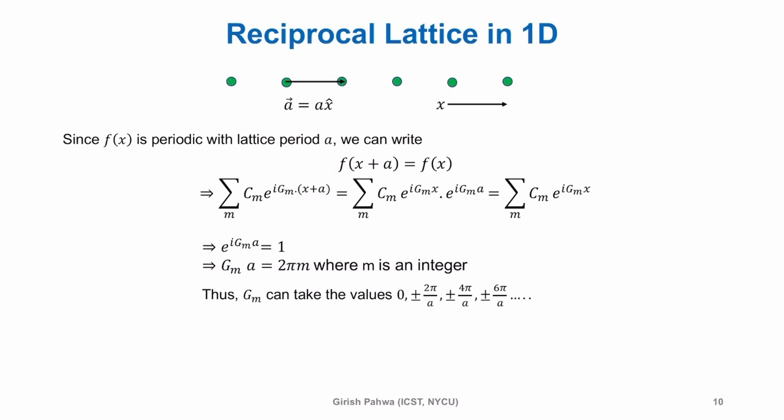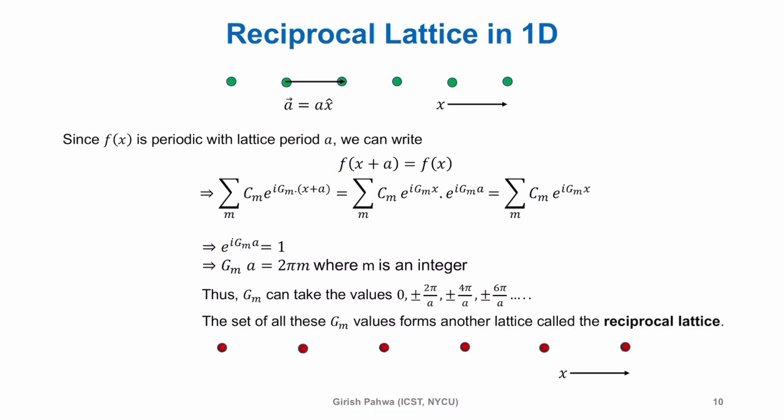So how will they look like? Something like this, right? 0, and this will be 2 pi by a, minus 2 pi by a, 4 pi by a, minus 4 pi by a, and so on. I can have another set of points which I can get from this Gm. This new set of points is called the reciprocal lattice.